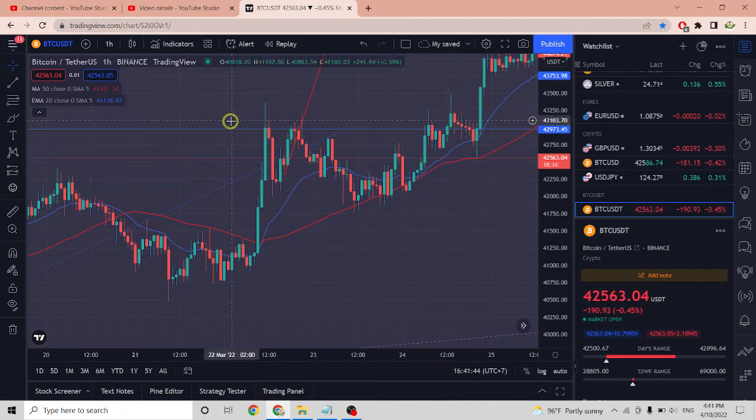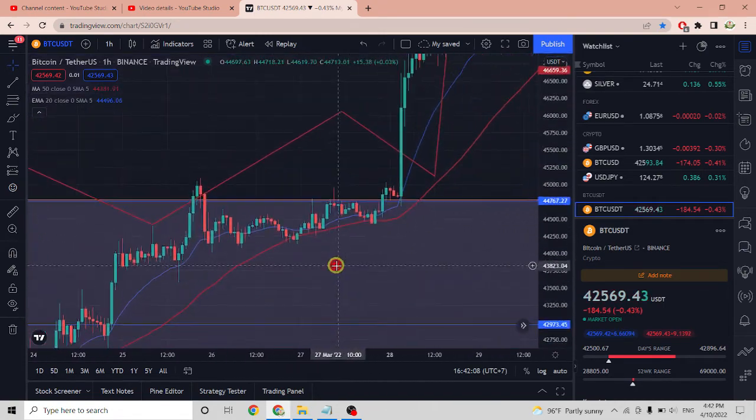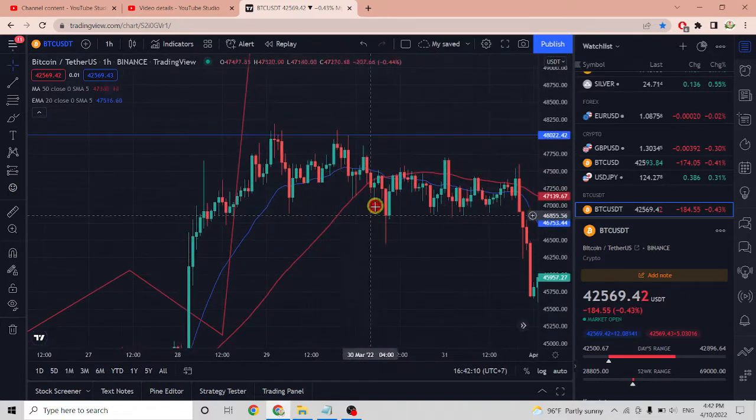You can also add another indicator to make sure it confirms going up or not, but this is part of the technical analysis in TradingView. As you see here, the MA is below the EMA 20, so you can buy here. And where to sell? To sell it here, see, it's above.